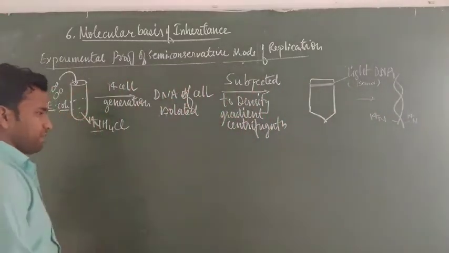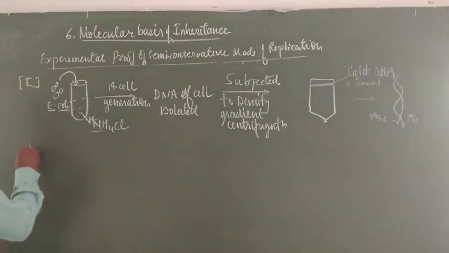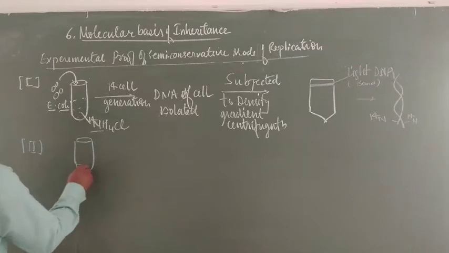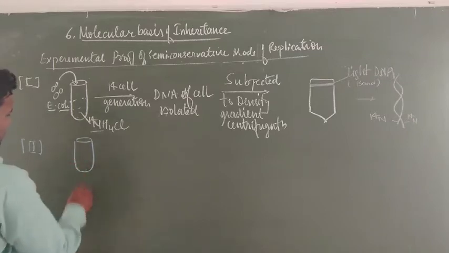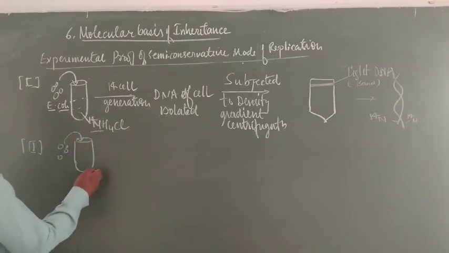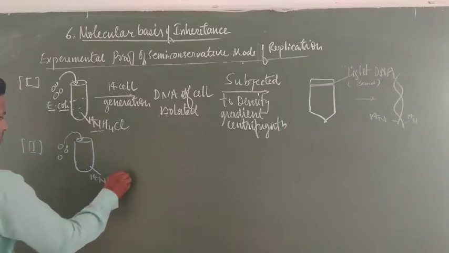In the second experiment, Meselson and Stahl grew the E. coli bacteria in N15-containing ammonium chloride solution.